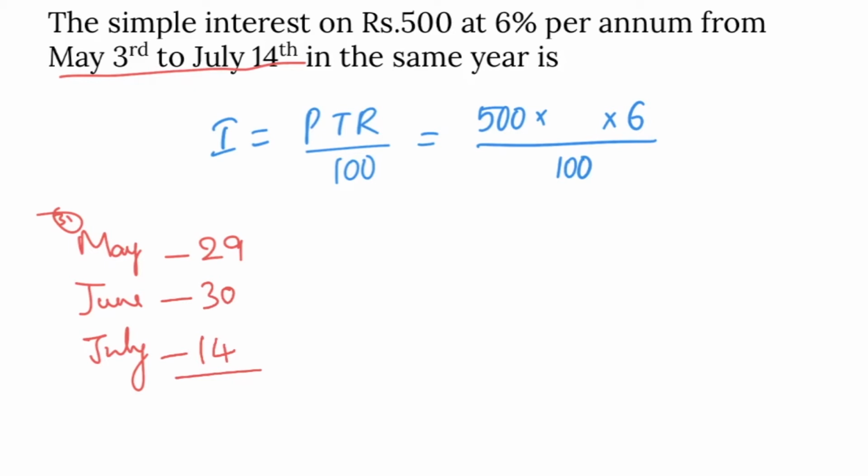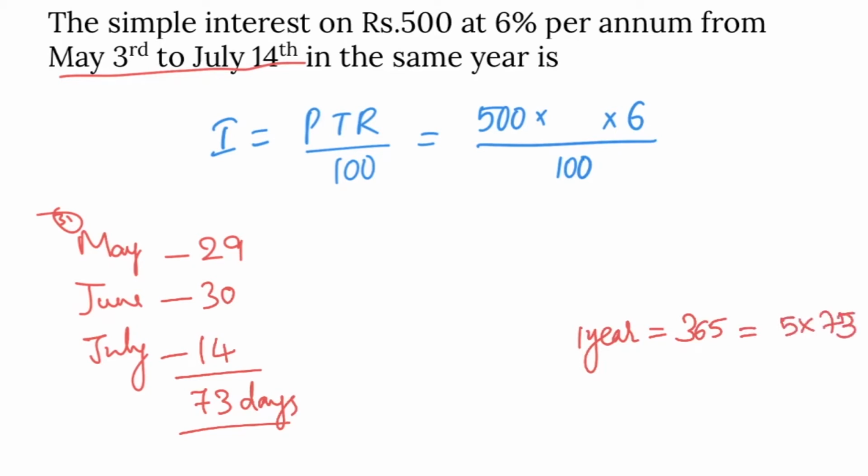So together we are paying interest for 73 days. 73 days are equal to how many years? 1 year is equal to 365 days. 365 is equal to 5 times 73. So 73 days are equal to 1 by 5 year.